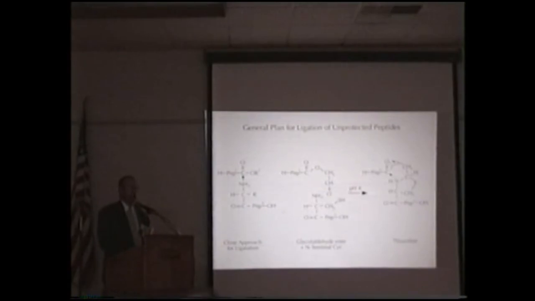The other thing they want to do is to use unprotected starting materials. There are lots of advantages, mainly for solubility reasons, for aggregation reasons, and so on. So the goal of several labs is to devise a chemical method where you can take two unprotected, free peptides, with all the functional groups showing, and put them together, ligate them.